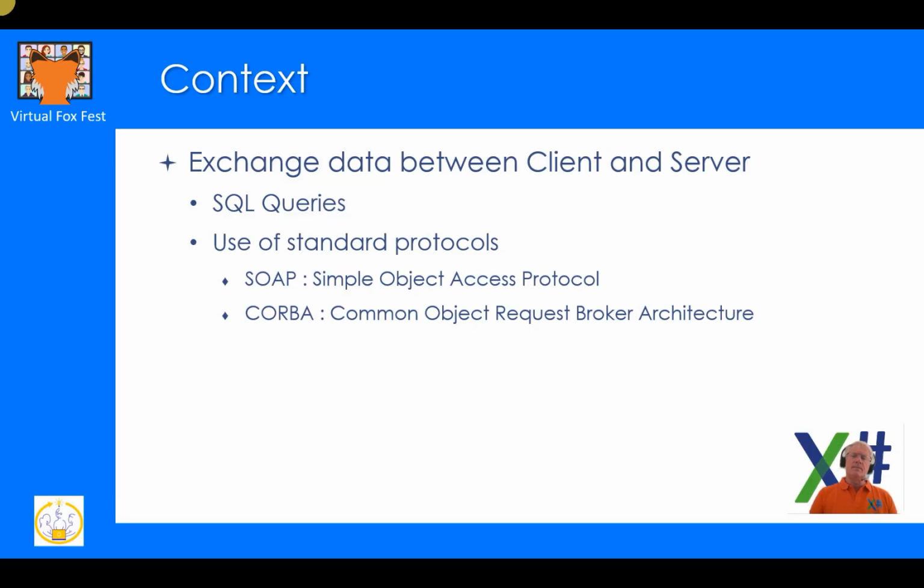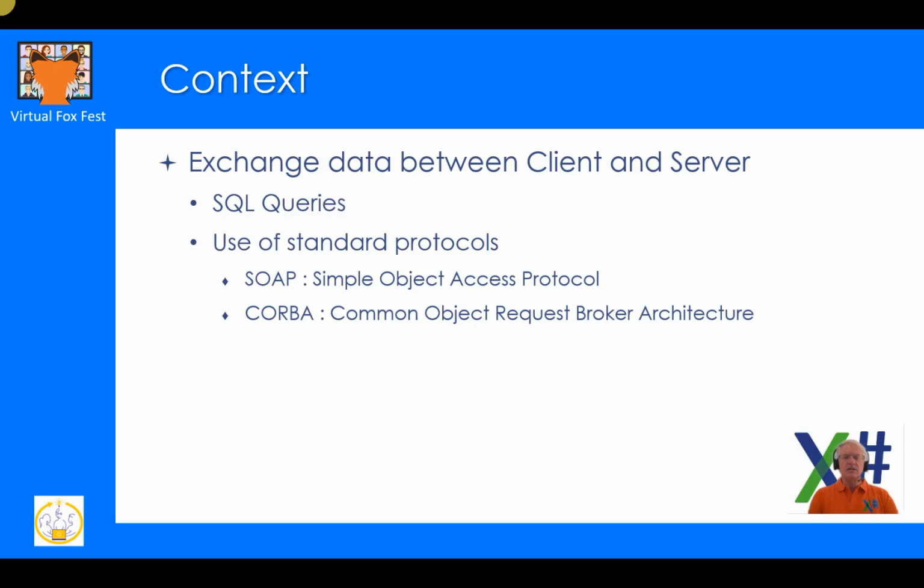But the goal was to use something else where the queries were not stored in your client application, but somewhere on the server, and the client is just looking for data and it is the server's responsibility to organize the query to give the right information in the right form.